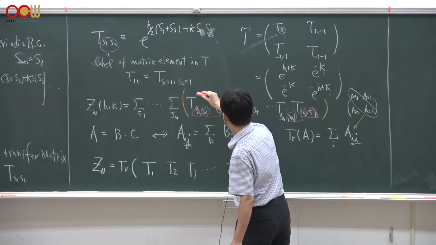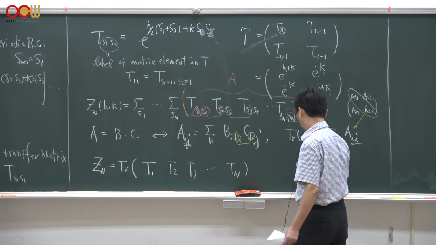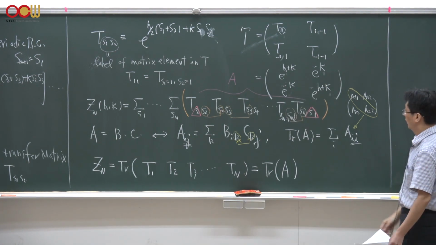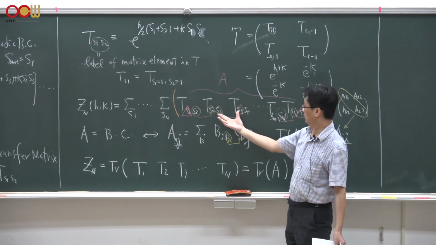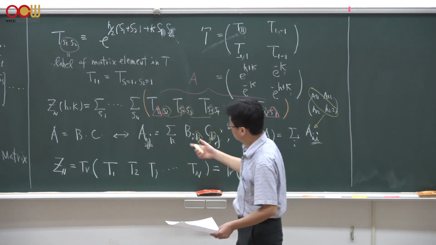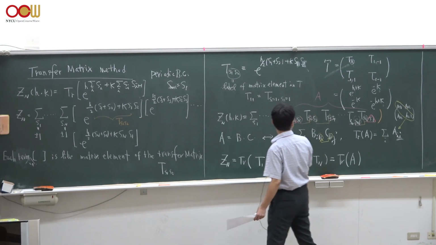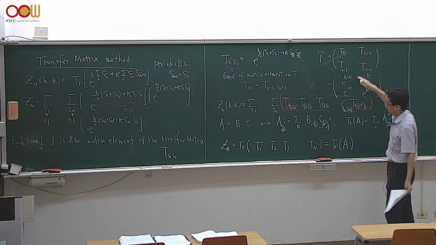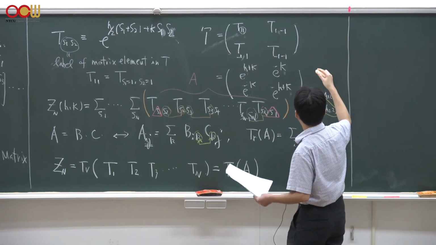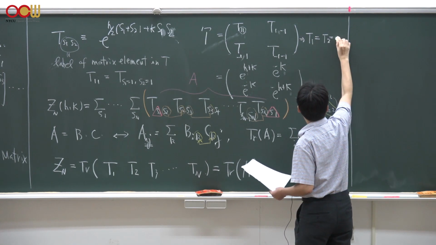Suppose I denote this product as the matrix A, and this is nothing but the trace of matrix A, where A represents the matrix product of all these transfer matrices. But you'll see that in each of these brackets, in other words, each transfer matrix, if you expand this 2x2 matrix, you'll find that it is the same matrix. For example, T1 is the same as T2, which is the same as Tn.